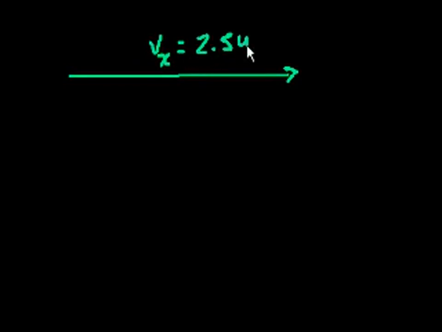So for B, we learned that in the x direction, its velocity is equal to 2.54 meters per second. And in the y direction, it was moving down. We could write this as minus 2, but I'll just write this as 2 meters per second downwards.